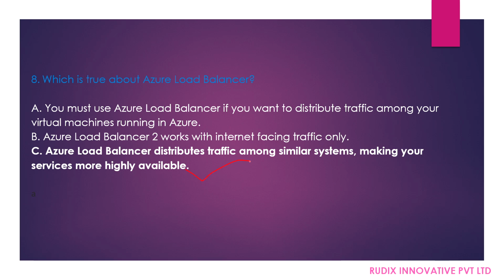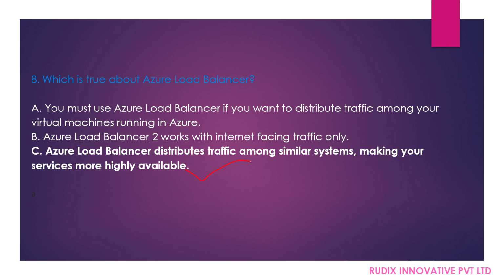Azure Load Balancer distributes traffic among similar systems to make your service more highly available. It distributes traffic based on configured rules and health probes, regardless of the similarity of the systems. Its primary purpose is to evenly distribute incoming network traffic across multiple virtual instances to ensure high availability and scalability of applications.